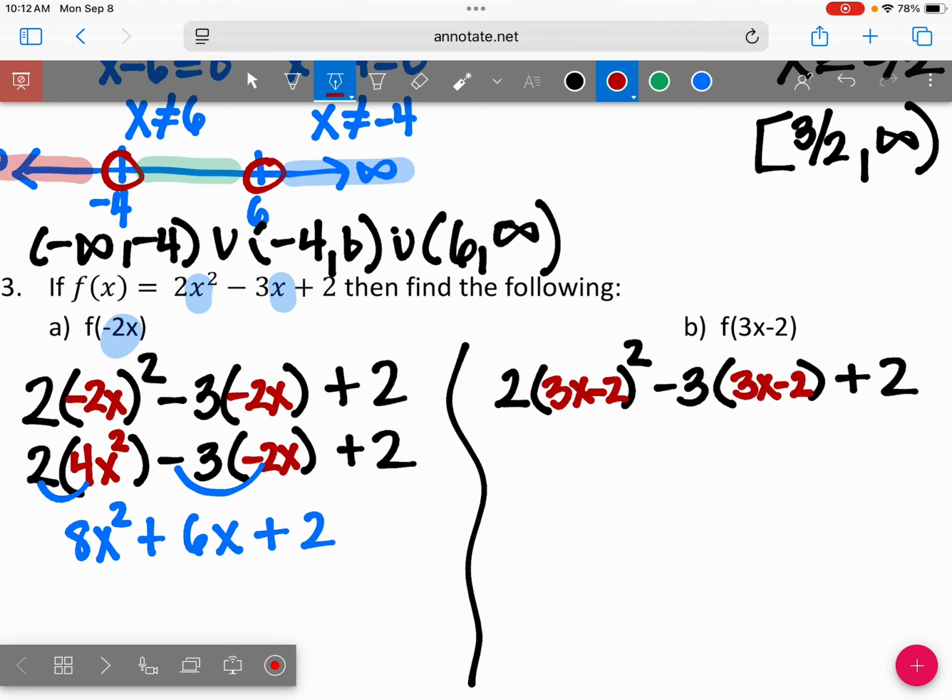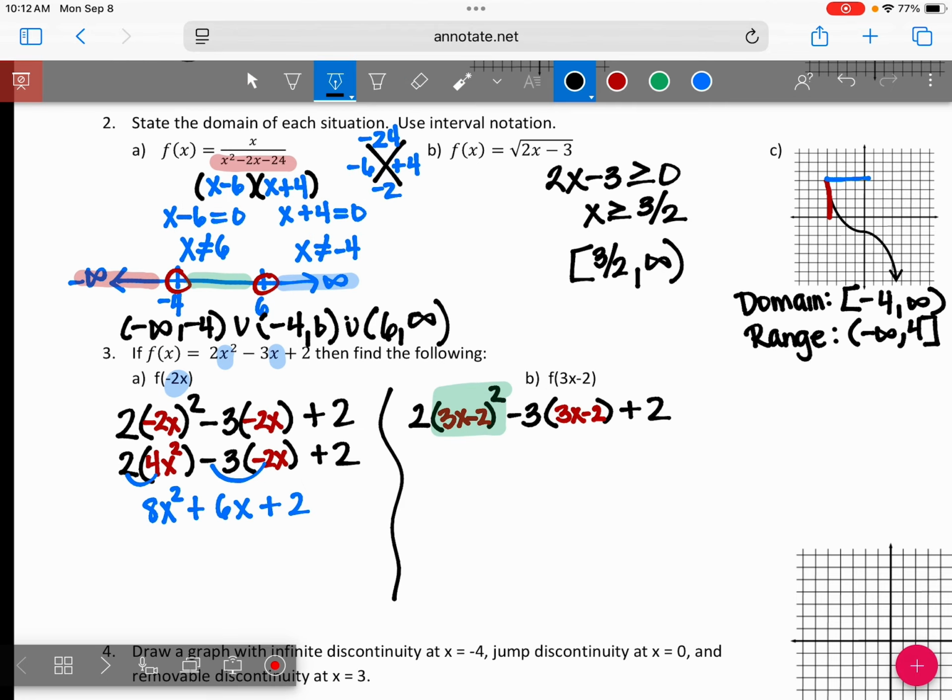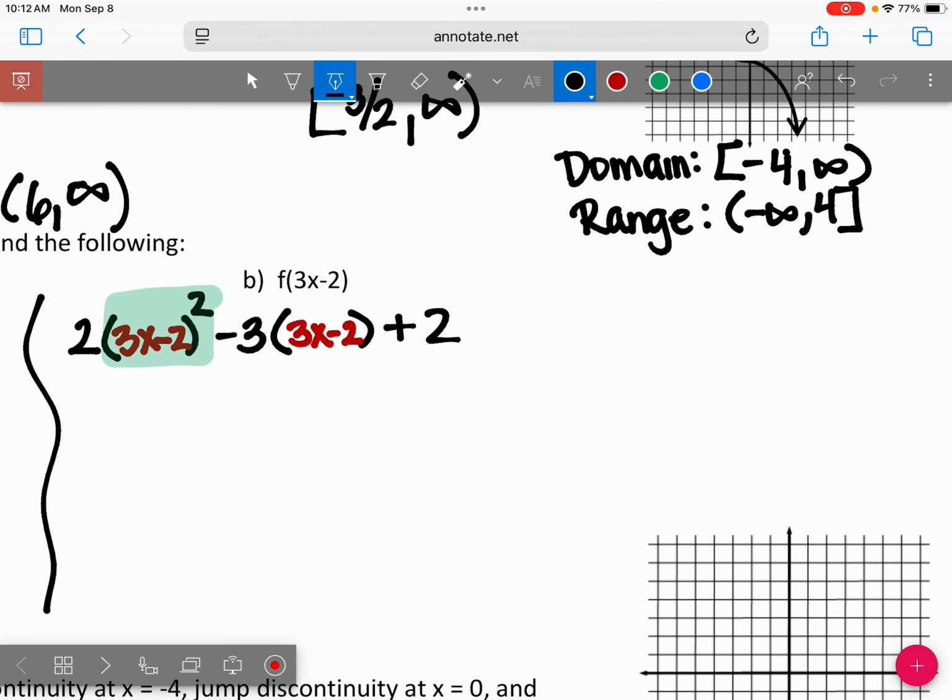So this is the biggest mistake right here. This is where deadly mistakes are being made that we cannot do. We need to FOIL, distribute, whichever method you prefer. We need to properly multiply out that 3x minus 2 times 3x minus 2.